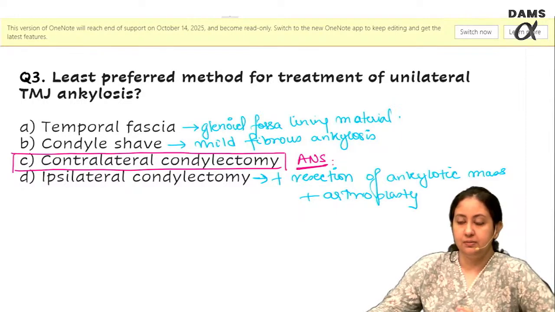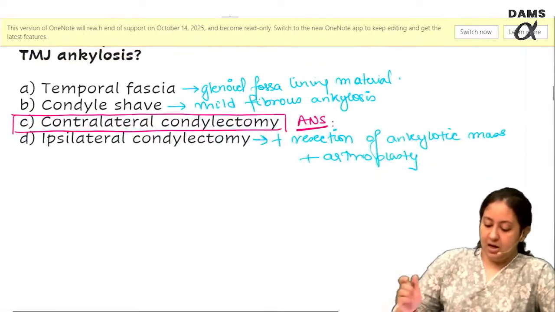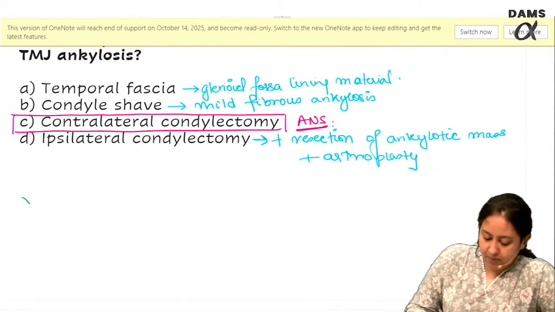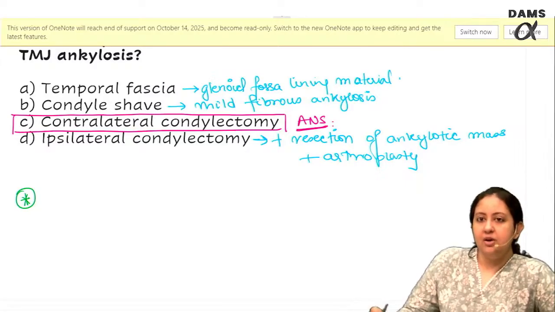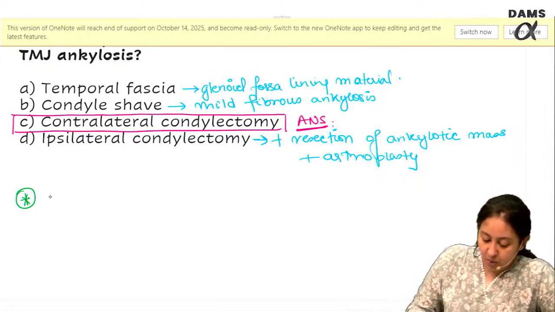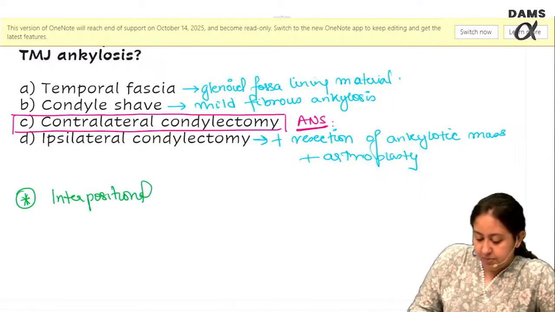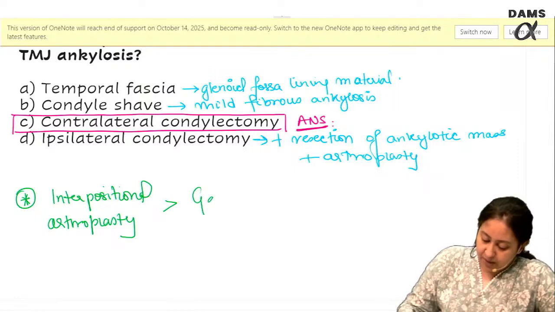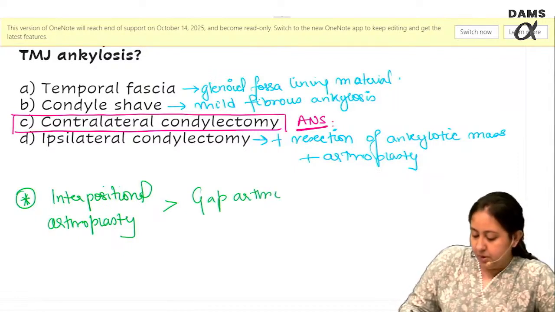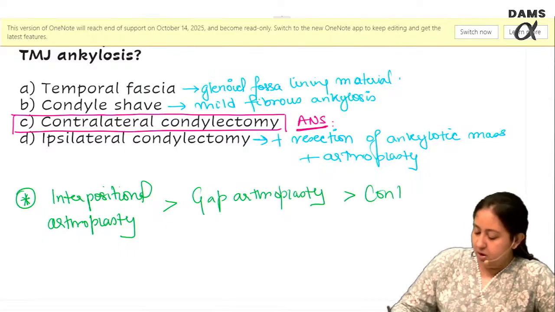Fine. And also I want to tell you one point. Please remember, whenever the question asks you regarding the treatment for TMJ ankylosis, you will always mark interpositional arthroplasty, followed by gap arthroplasty, followed by condylectomy.